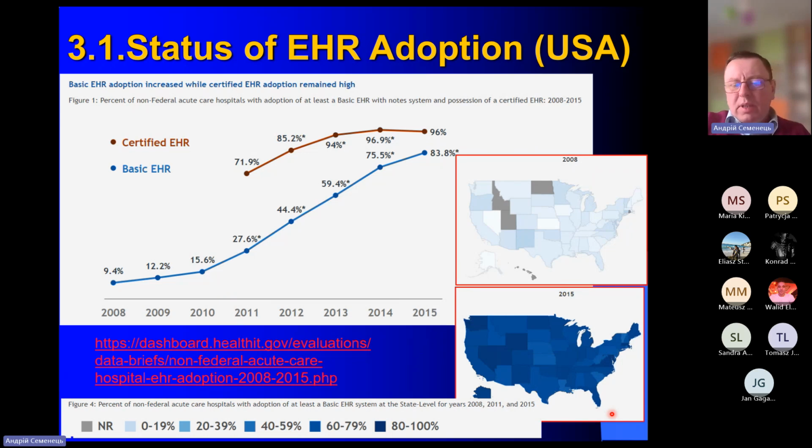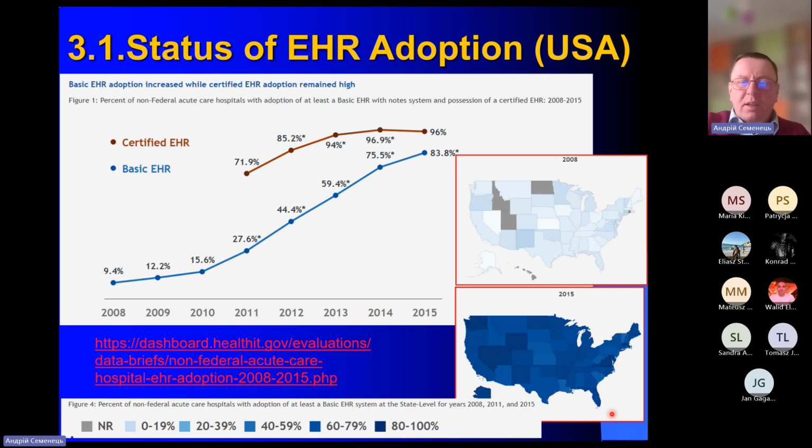Adoption status in the United States: here it is even more difficult to find information for some reason. For already a long period, I don't have realistic information. Anyway, it's an almost complete process, except not all systems are fully certified by the USA government.